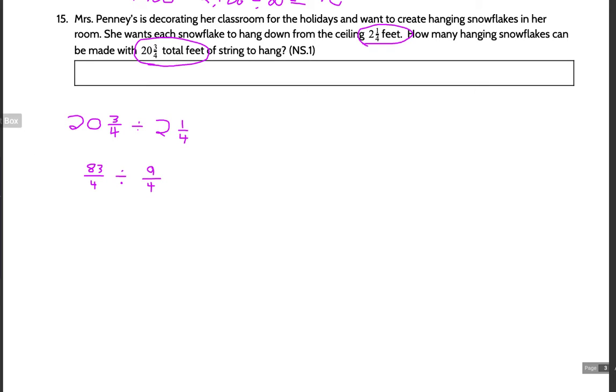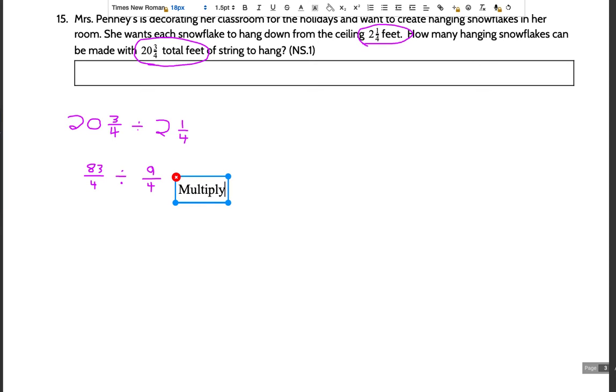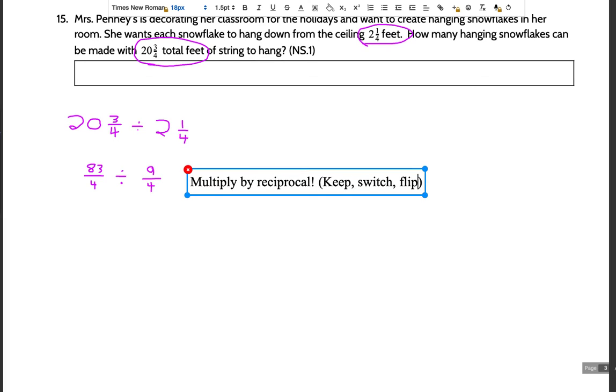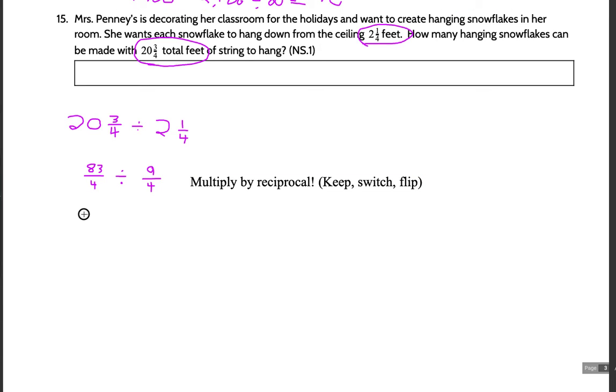And then remember, to divide fractions, we multiply by the reciprocal. Or we remember that saying, keep, switch, flip. Right? So what we do is we keep the first one, 83 over 4.